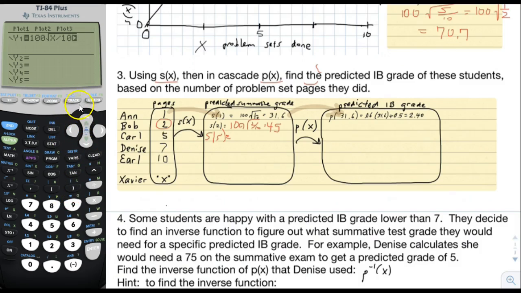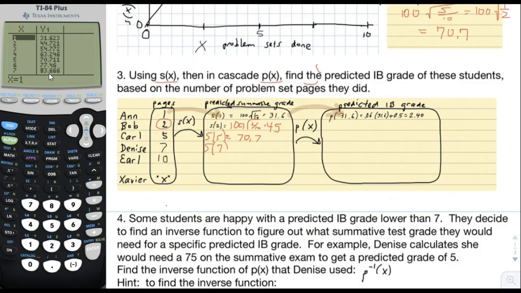Okay. And then we're going to see the table. The table is going to give us all these values that we're trying to figure out. For 1 page, it gives us 31.6. For 2 pages, it gives us 45. For 5 pages, it gives us 70.7. And then for 7 pages, it gives us 83.7.